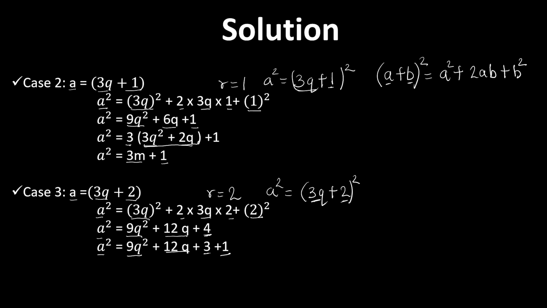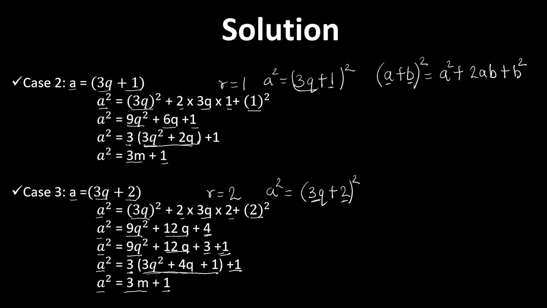So we write a square equals 3 times 3q square plus 4q plus 1, and this plus 1 afterwards remains as it is. So now we can see that we can write the square of any positive integer in the form of 3 multiplied by some integer plus 1. Finally, a square equals 3m plus 1, where m is 3q square plus 4q plus 1.